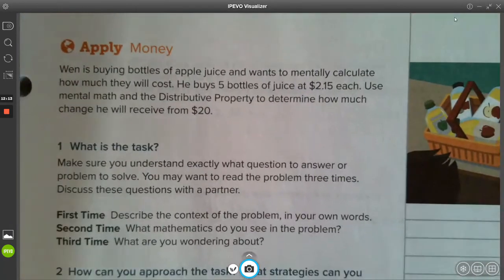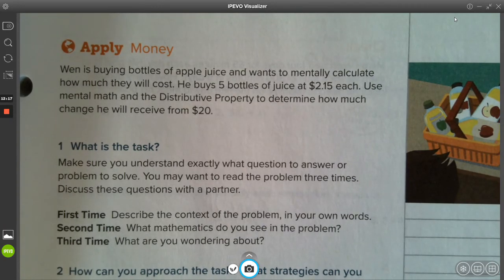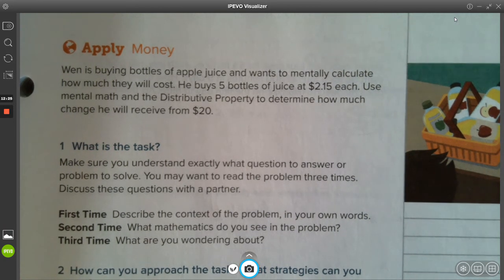All right, moving on to our apply problem. As always, please give this a shot. Email me your answer, and I'll let you know if you got it right. Wendy is buying bottles of apple juice and wants to mentally calculate how much they will cost. He buys 5 bottles of juice at $2.15 each.